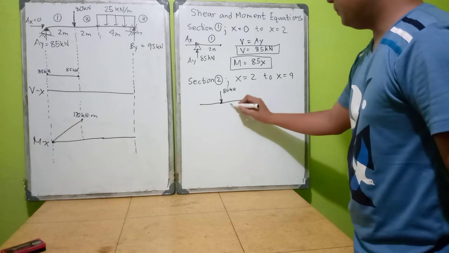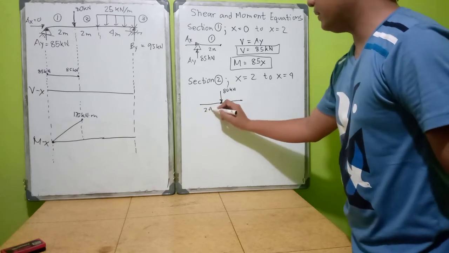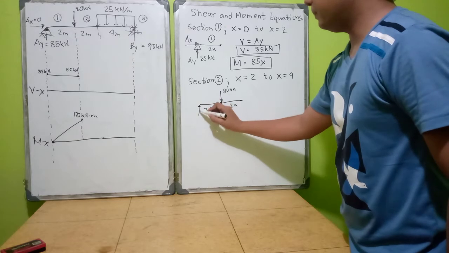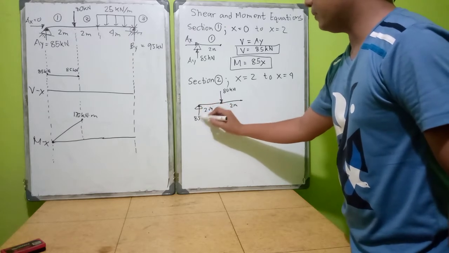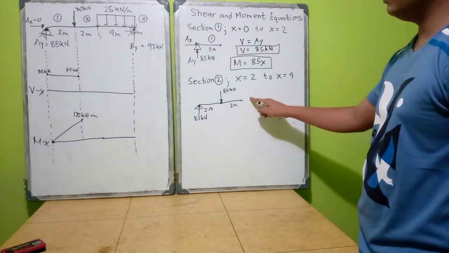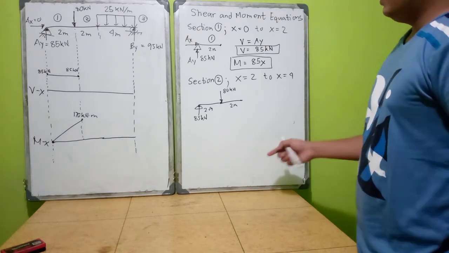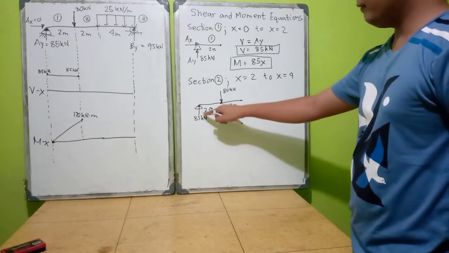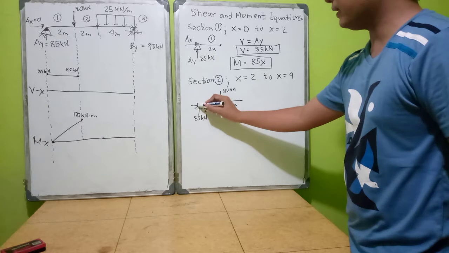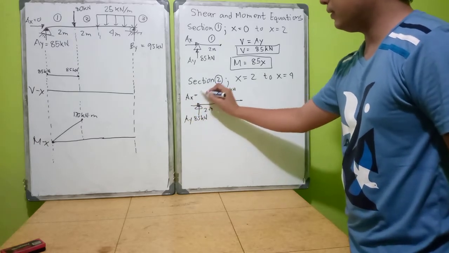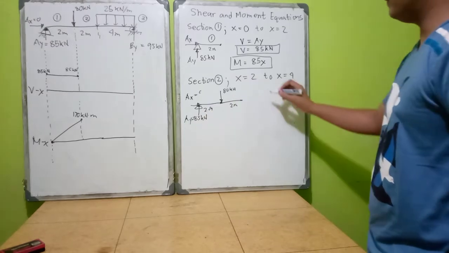And then we have 2 meters here. Let's have 85 kilonewton. As you can see, your force here is 85. There is an existing load of 85 upward, and there is a downward force.